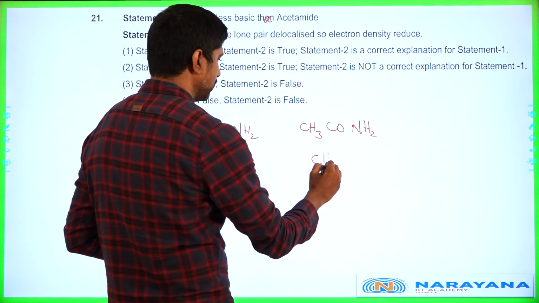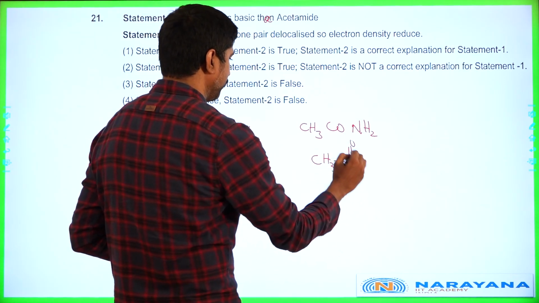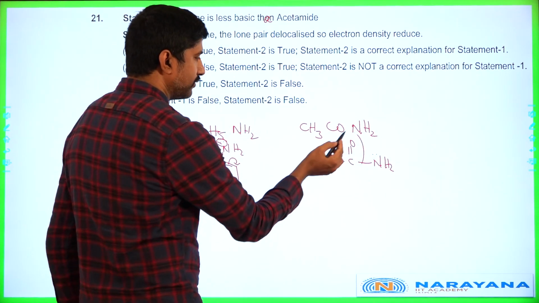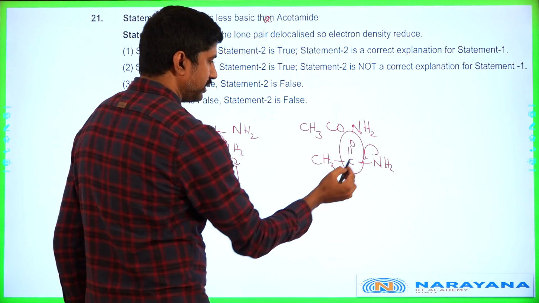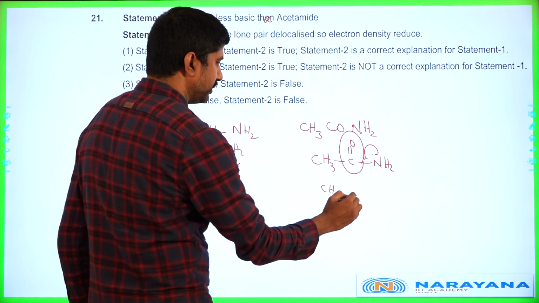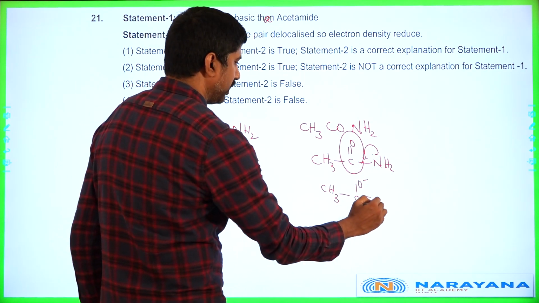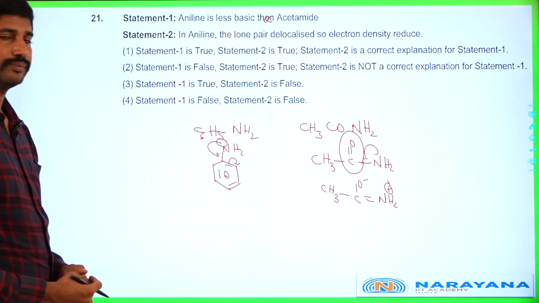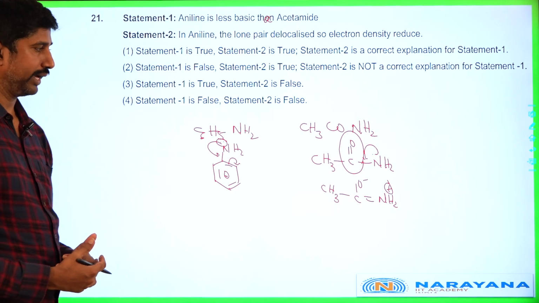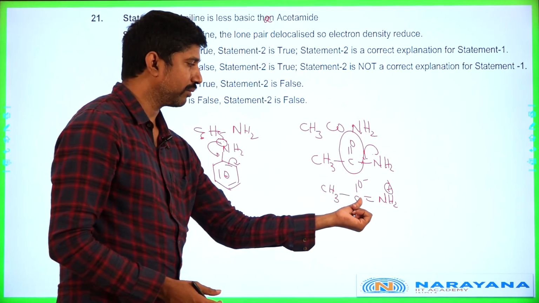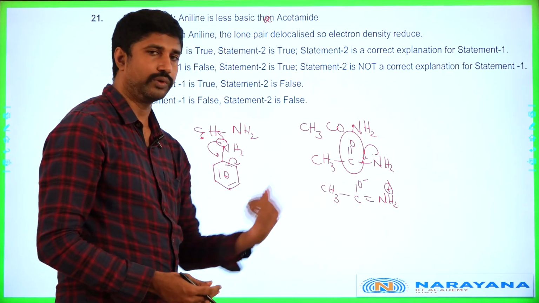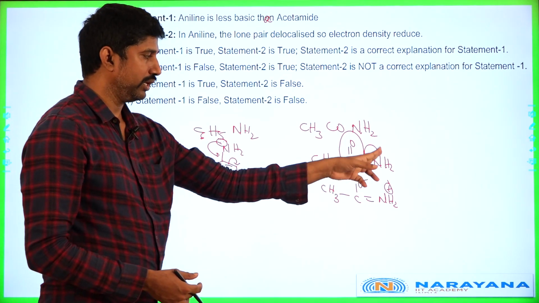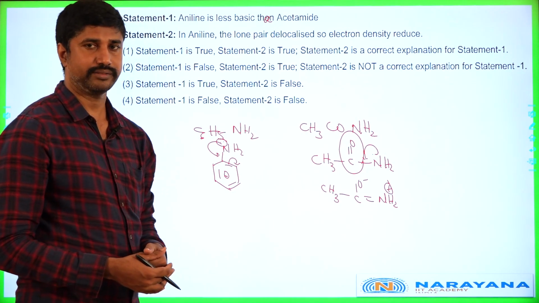Whereas in the case of acetamide, CH3C double bond O NH2, because of the CO group the lone pair is involved in delocalization, so O minus, double bond NH2 plus. So electron density is shifting from nitrogen towards carbon, and availability of the lone pair over nitrogen is less in amides.